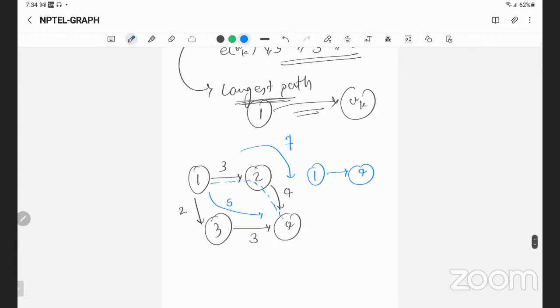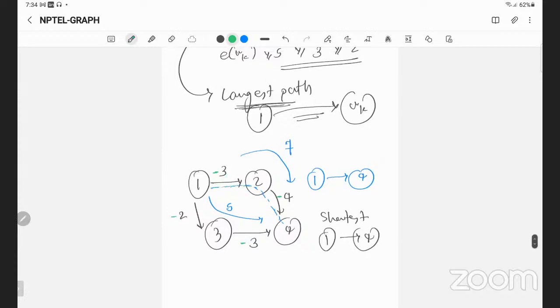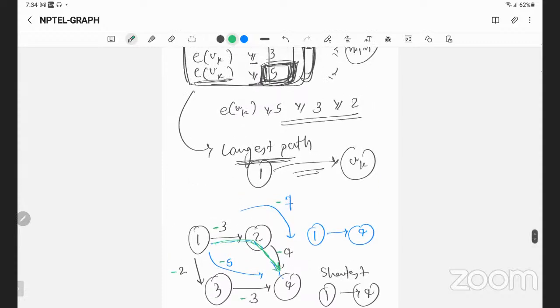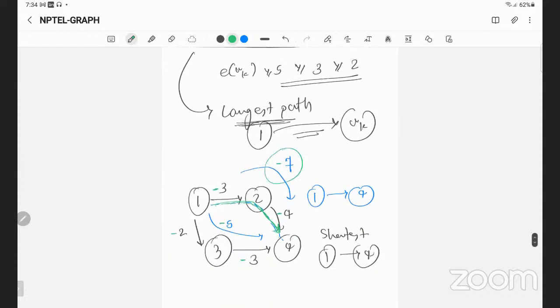Now if I just negate all the edge weights, say -3, -4, -2, and -3, and now I find the shortest path from vertex 1 to vertex 4, it will be the same as the longest path that we got when it was positive values, right? So if you consider this path only, it will result in weight -7, and this will result in weight -5. So -7 is the smallest among the two.